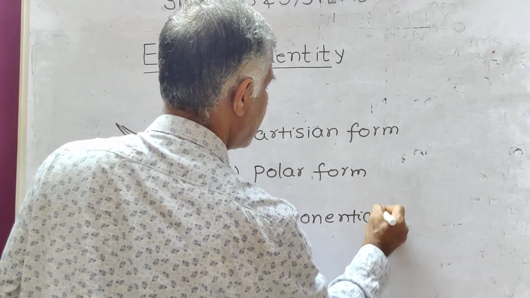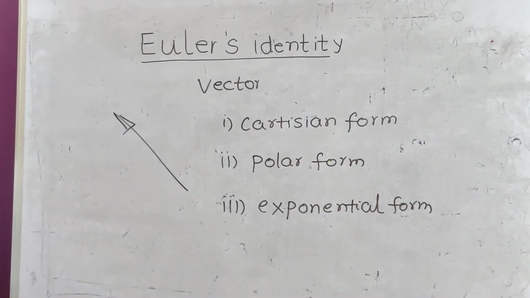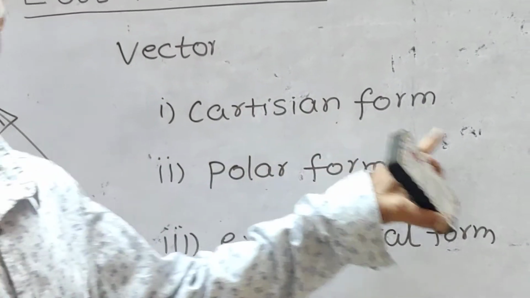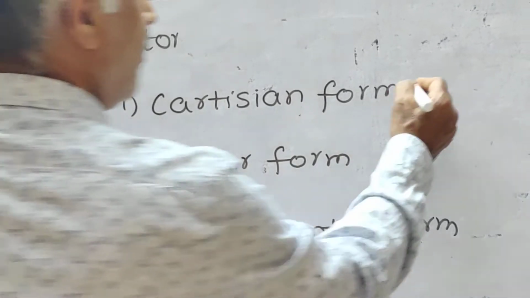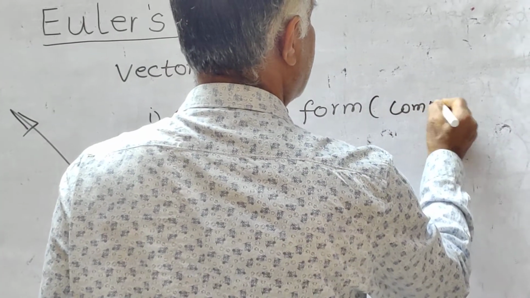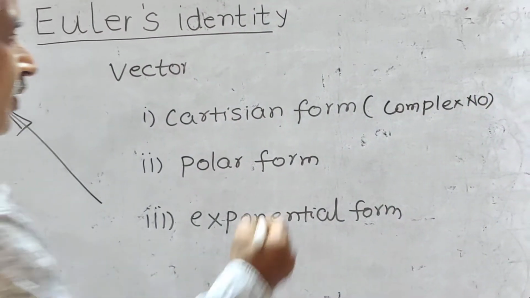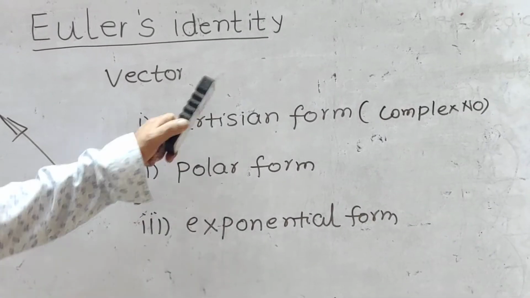These are the three forms: Cartesian form, polar form, exponential form. Cartesian form is in the form of a complex number. I will take up these one by one.